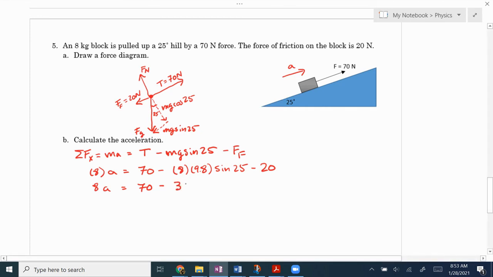That's going to give you 33.1, minus 20. So 70 minus 33.1 minus 20 gives you a net force of 16.9 newtons. Divide by 8, and you get 2.1 meters per second squared as your acceleration.